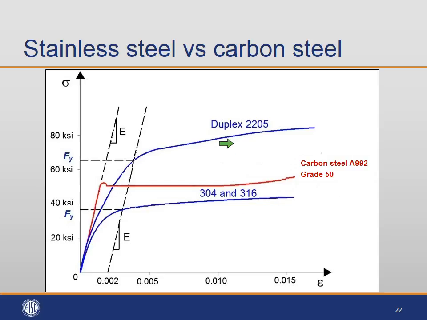And this higher graph is a typical curve that you would expect for the duplex stainless steels. And I've also shown a grade 50 carbon steel A992 stress-strain characteristics. And here we've marked where we calculate the 0.2% offset yield strength.